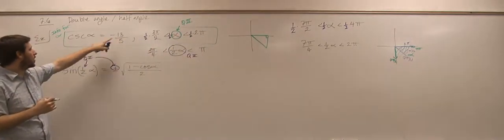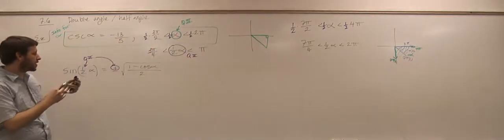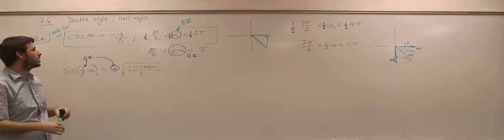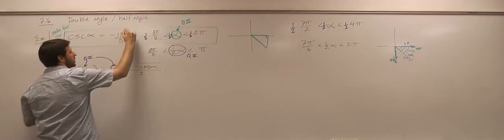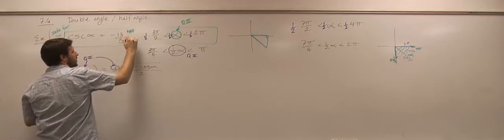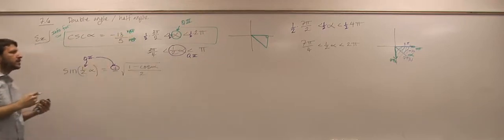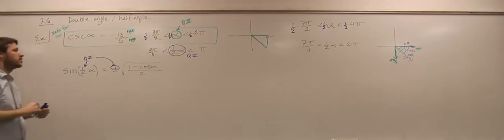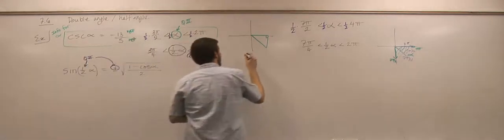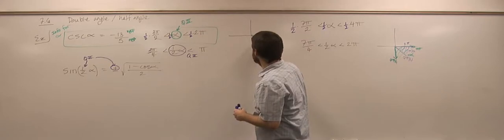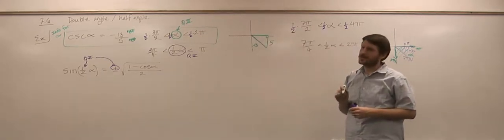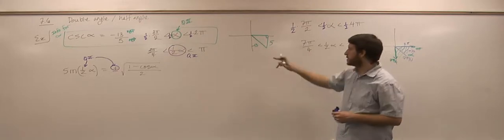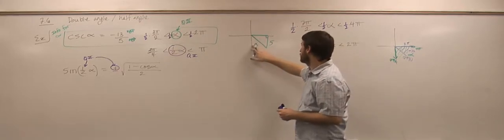There's my triangle. Cosecant is the reciprocal of sine. Sine is usually opposite over hypotenuse, so this will be hypotenuse over opposite. Now, am I going to make my hypotenuse negative 13 and then make this side 5? No. The hypotenuse is always positive.